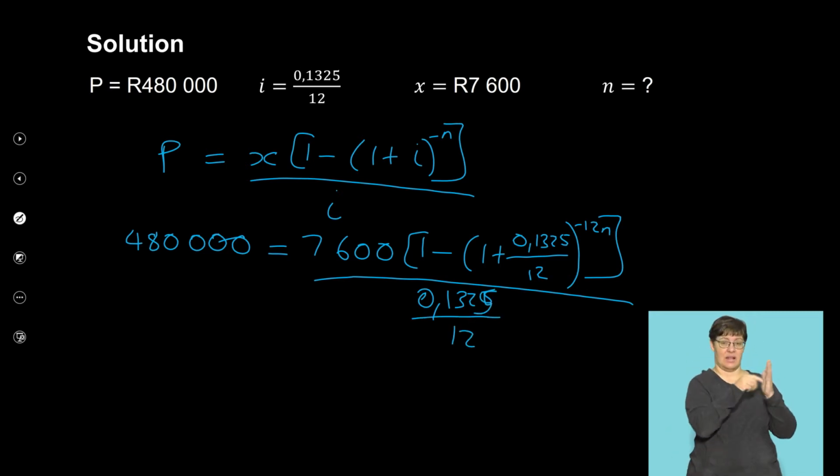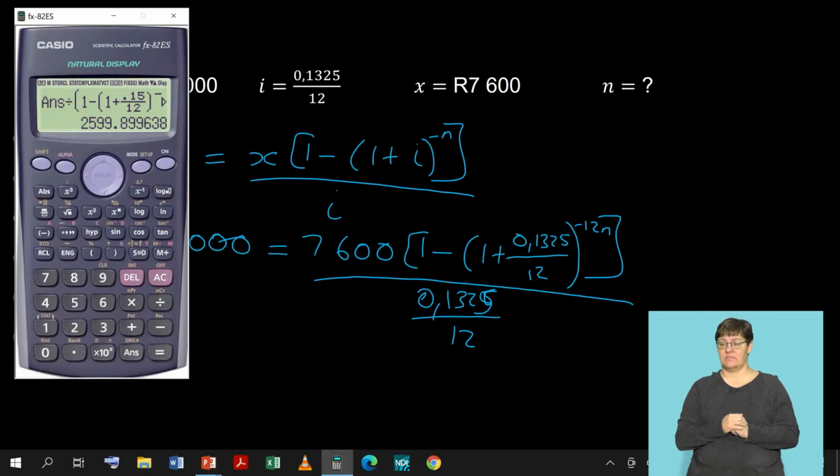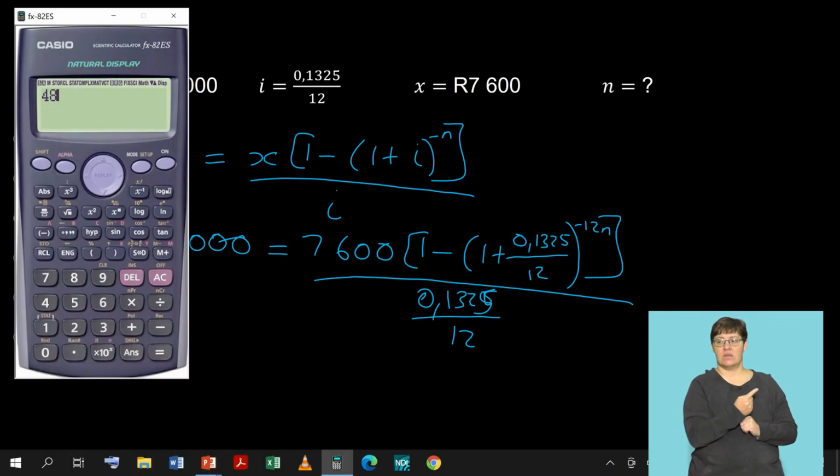Then you go straight to your calculator with this. On my calculator, I say 480,000, multiply this by the interest, which is 0.1325 over 12, which will then give me 5,300. I divide this by 7,600. It gives me that much, and then I must subtract 1, right?